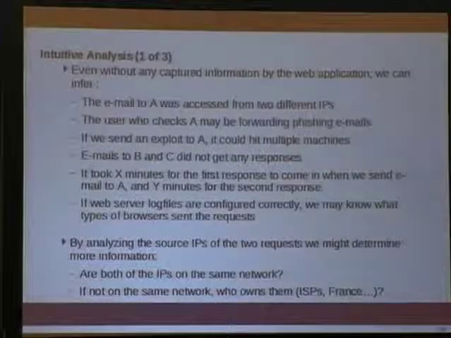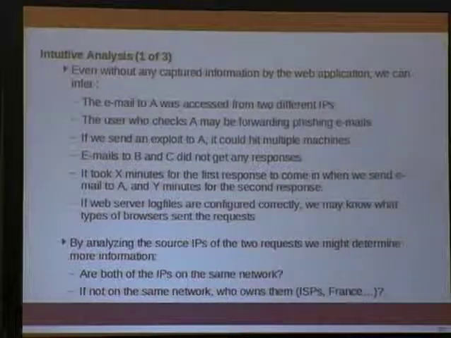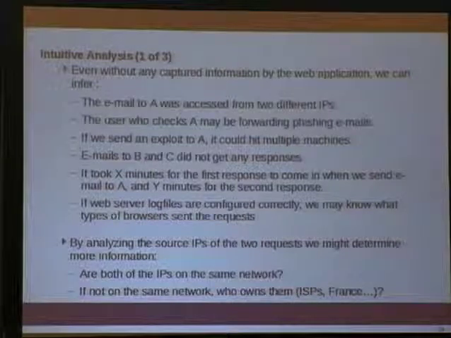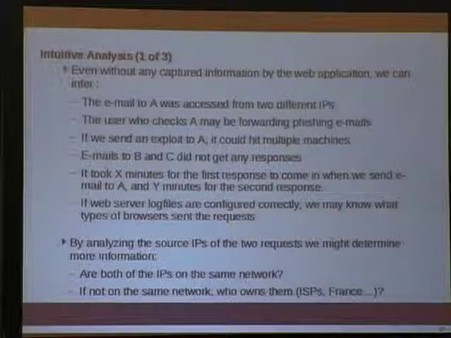I sent an email off to A, and it was accessed from 2 different IP addresses. So the user who checks A might be forwarding phishing emails. Well, that's very useful if I'm going to run a follow-on attack. If we send some sort of exploit code to A, through an email attachment, whatever, it could end up affecting multiple machines. So we could start getting more machines compromised.